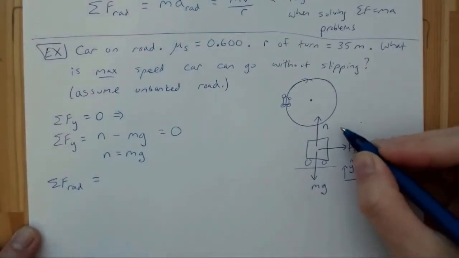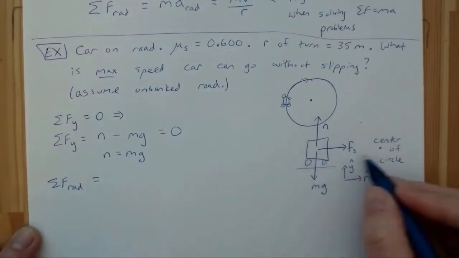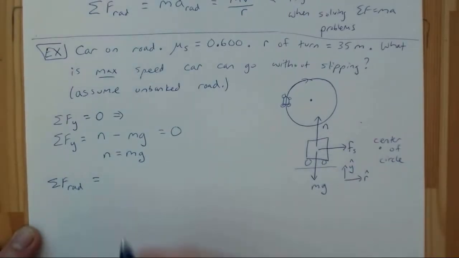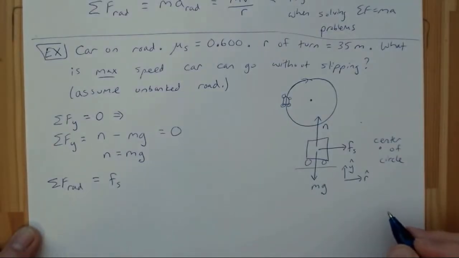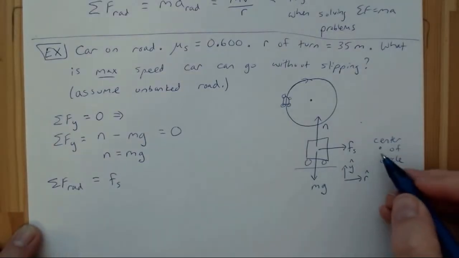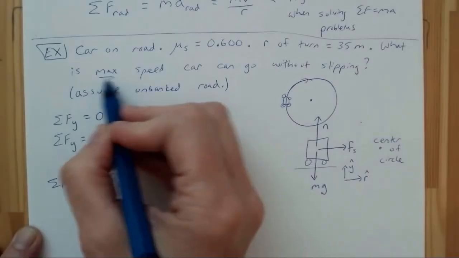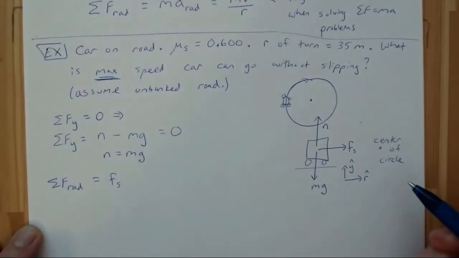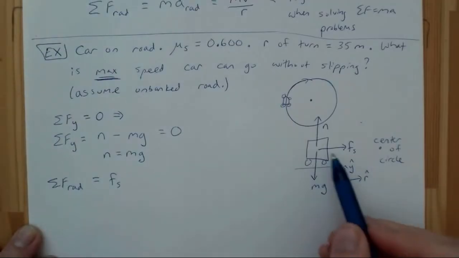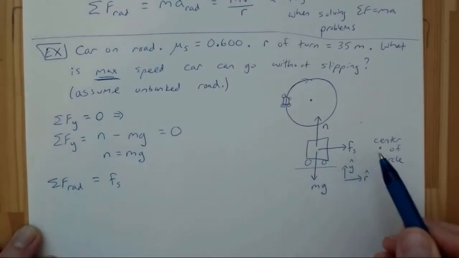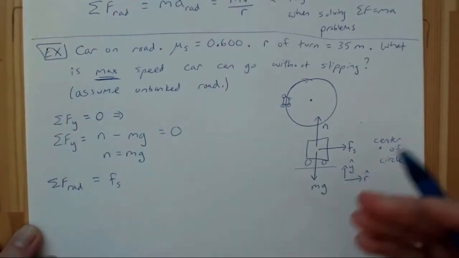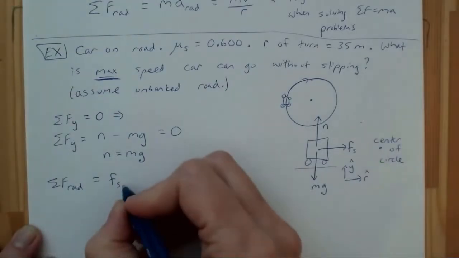Well, the individual forces in the radial direction, there's only one, and it's going to be equal to that force of static friction. And in this problem, it's asking what is the maximum speed that the car can go without slipping, which means that what we want to examine is the case where the static friction is at a maximum, and then try to find the speed from that.